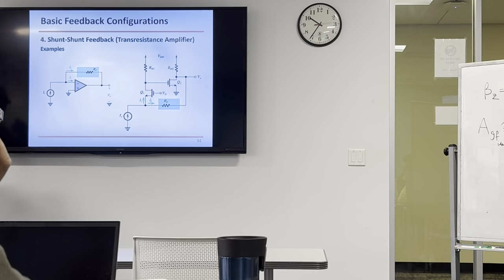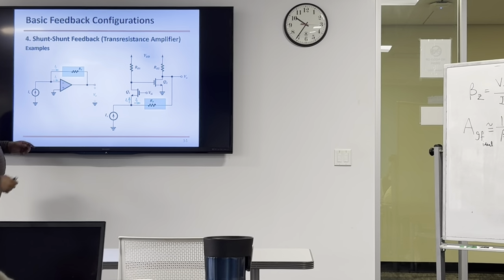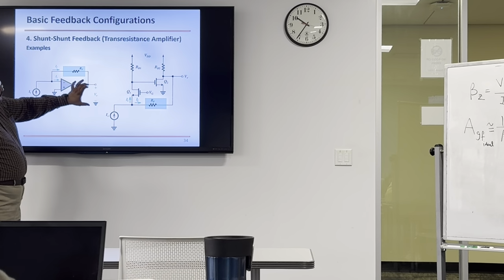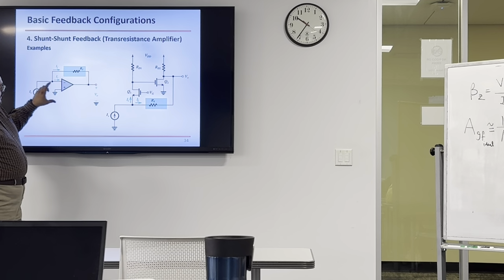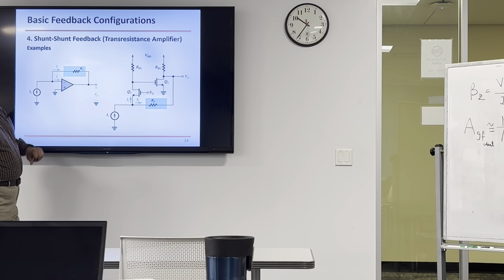Let's do this case. This is measuring the voltage, or sampling the voltage, in shunt and mixing the current in shunt as well, right? This is shunt feedback, which is the transresistance amplifier. Now, can we find the beta?